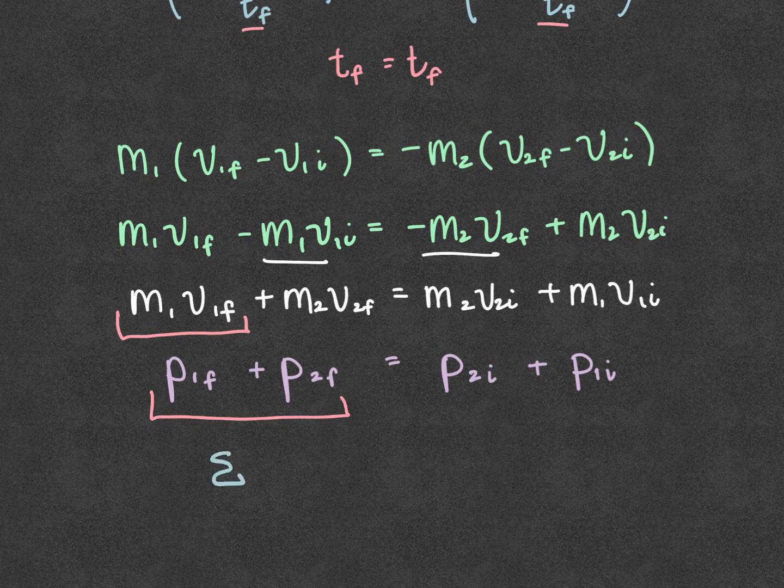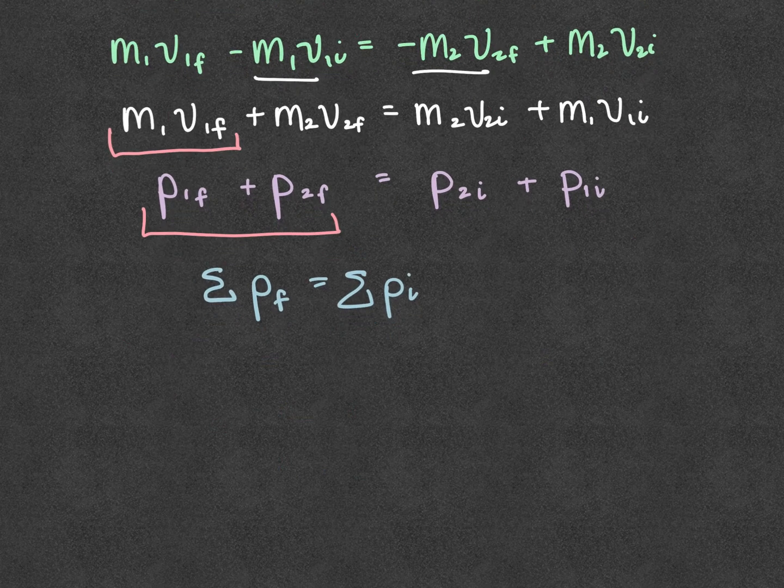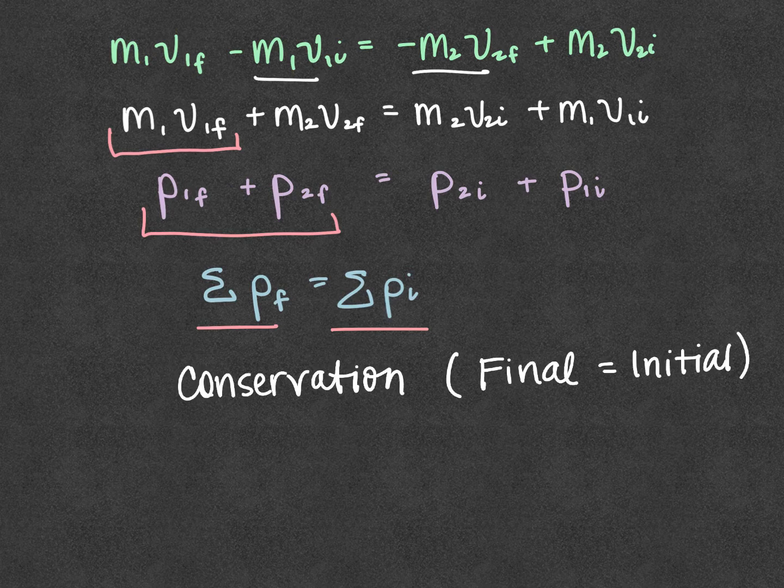Remember, sigma means sum. So the sum of the final momenta of the system of two objects is equal to the sum of the initial momenta of the system. And when you have a final condition equal to an initial condition, and there's no change between the final and the initial, we call that a conservation.